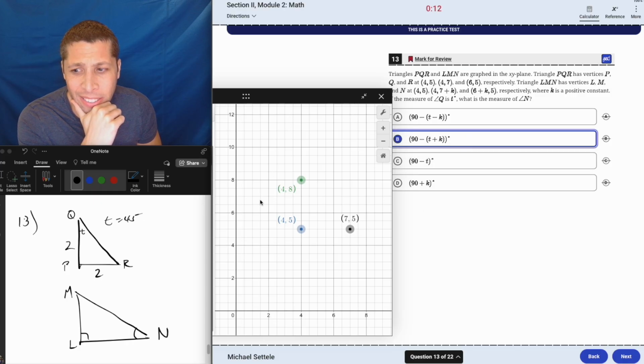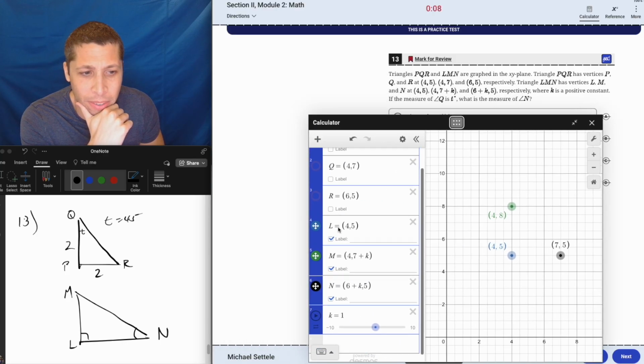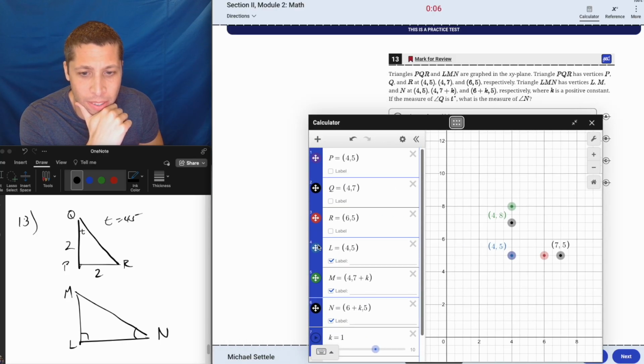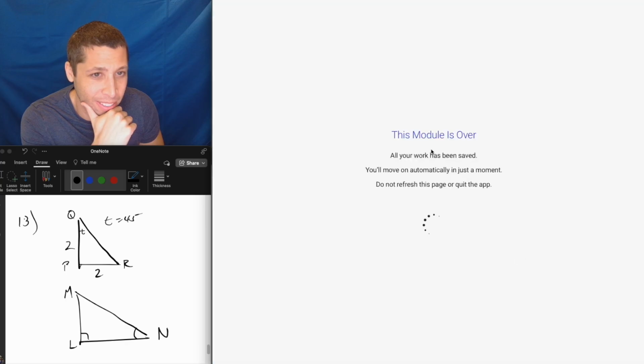I don't know. This is a guess. I definitely messed up here. I'm misreading this. I can tell. So I think it's because that's a distance of 3. 1. Yeah, I messed that up.